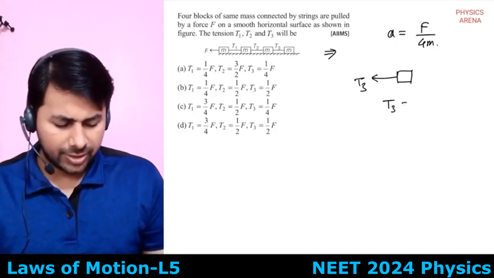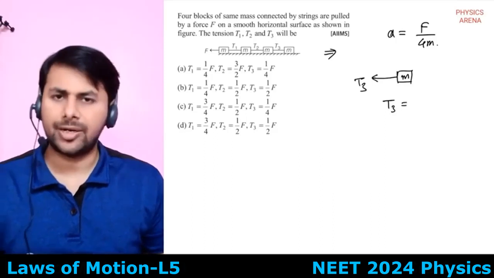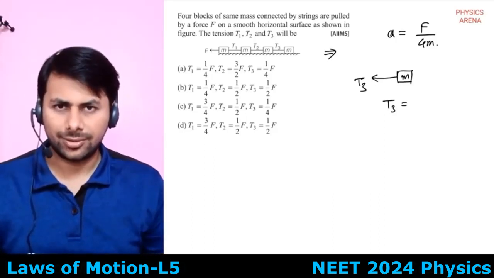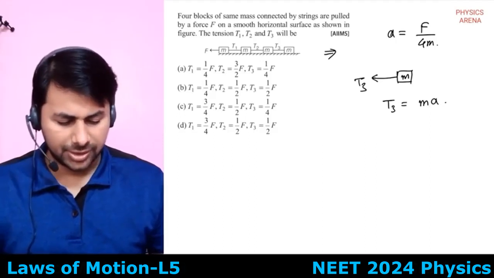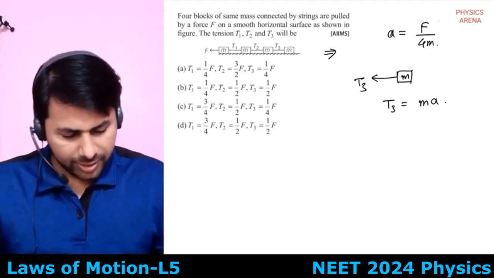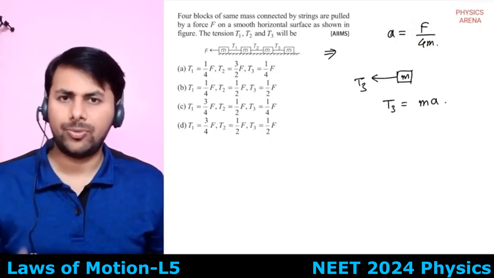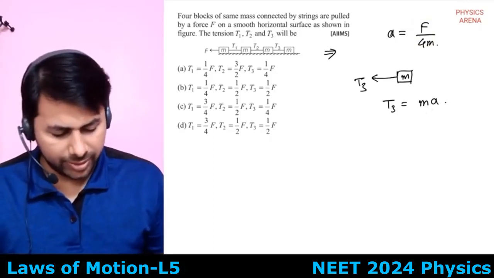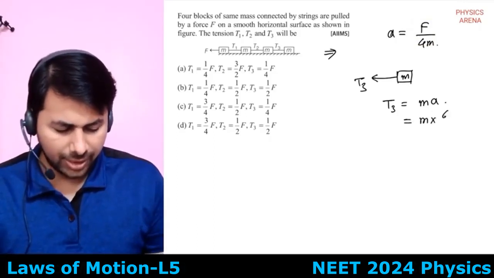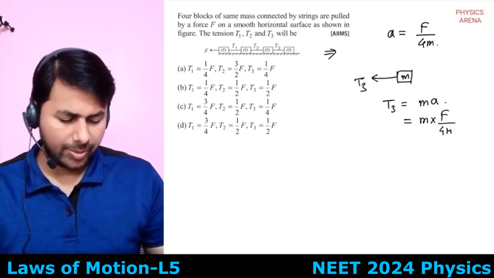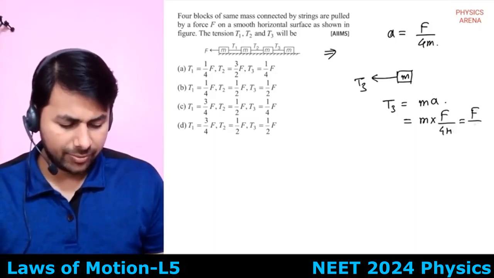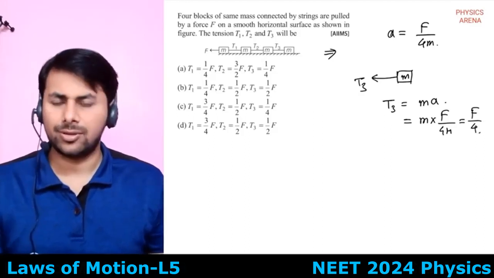So I can say T3 is equal to this mass multiplied by its acceleration, right? So m into a, which is F upon 4m. So it is equal to m into F upon 4m. M gets cancelled. It is F by 4, right?